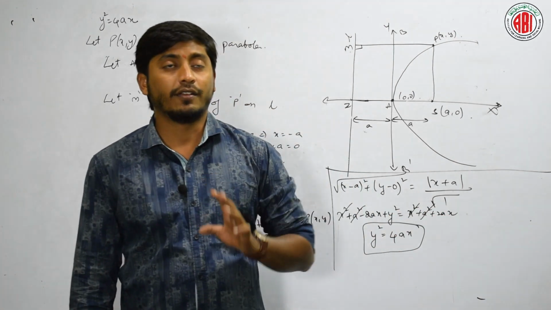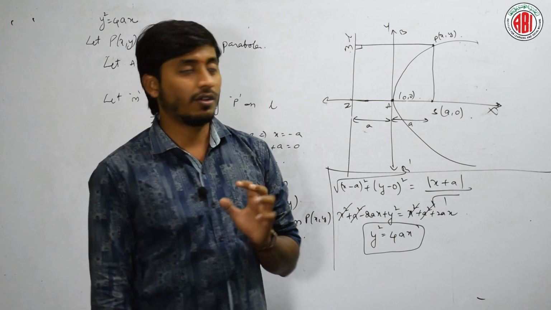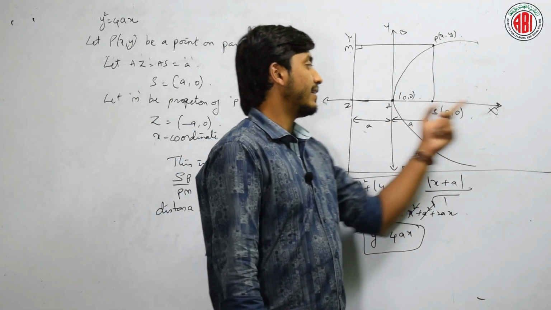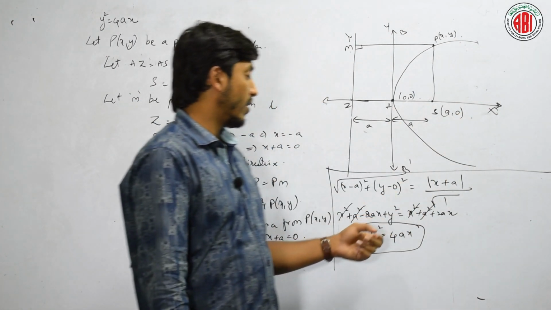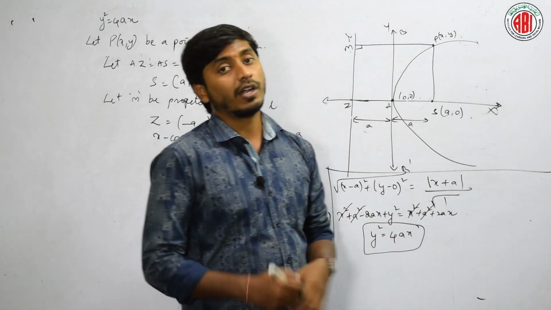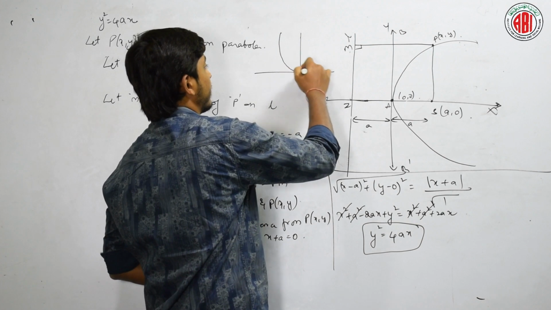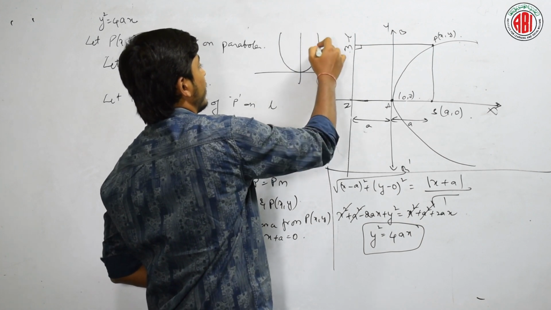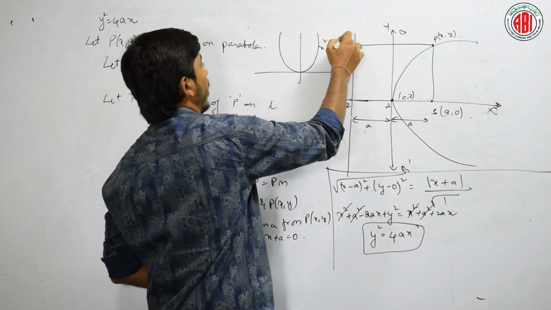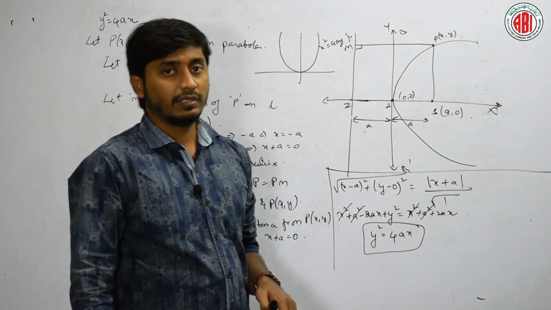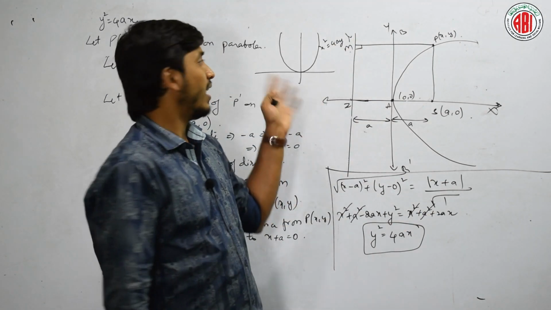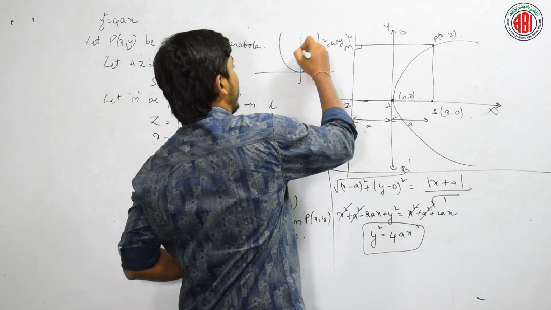Is it clear? Fine. Just have a look at a few things. Here the axis is the x axis, that is why we got y square equal to 4ax. What if the axis is on the y axis? Just like this. Therefore, the equation will be x square equal to 4ay. Clear? Based on that, our focus and vertex and all other things will change.